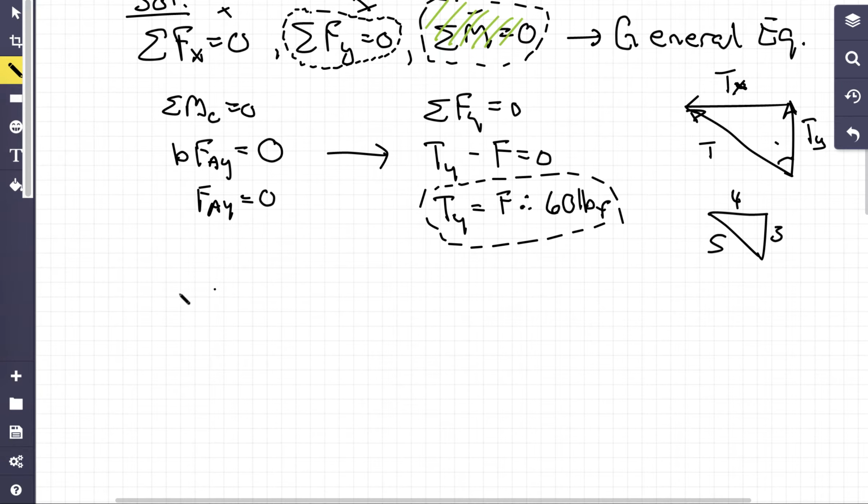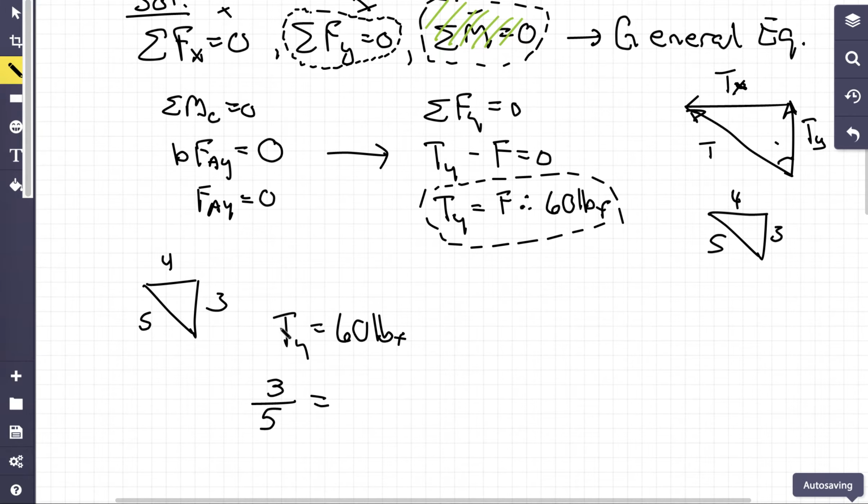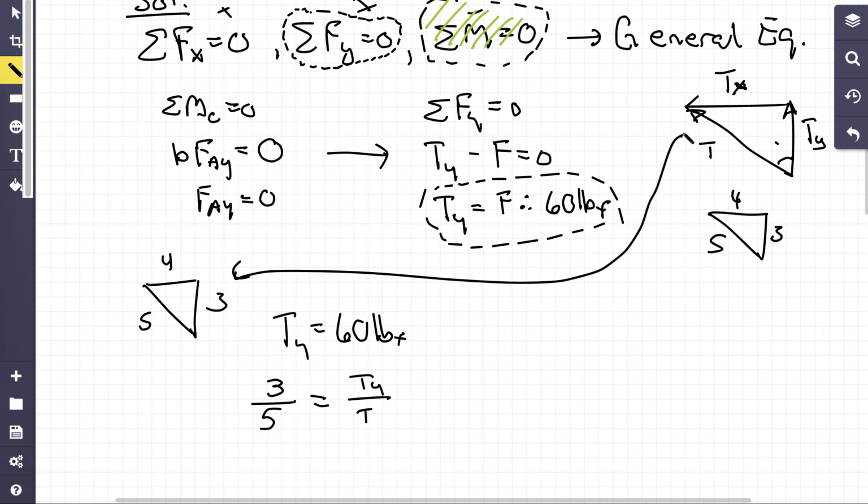If I know the slope of the triangle, it's going to be 3 and 4, and I know Ty is equal to 60 pounds of force. The relationship's the same, so I can say that 3 over 5 is equal to Ty over T. These here are similar triangles. That's a very powerful tool.